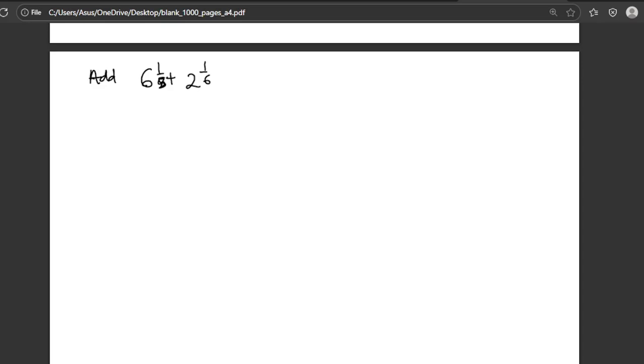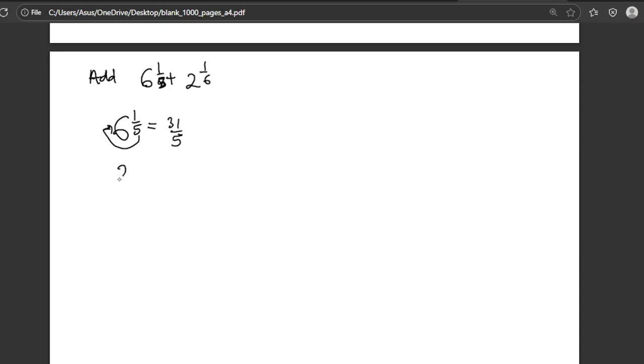That's quite cool. Now, for this, what do you do? Multiply the denominator here by the whole number. 5 times 6, 30. Now add it to the numerator: 30 plus 1, 31. 31 over 5. Like that.